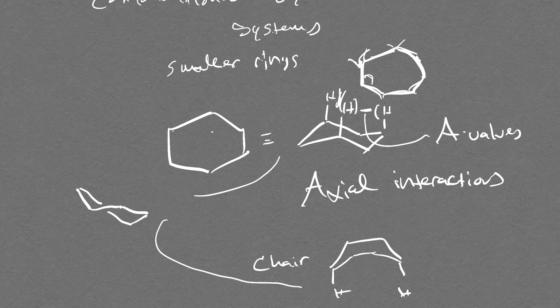The twist boat is a component along the path toward eventually getting to your lower energy state.